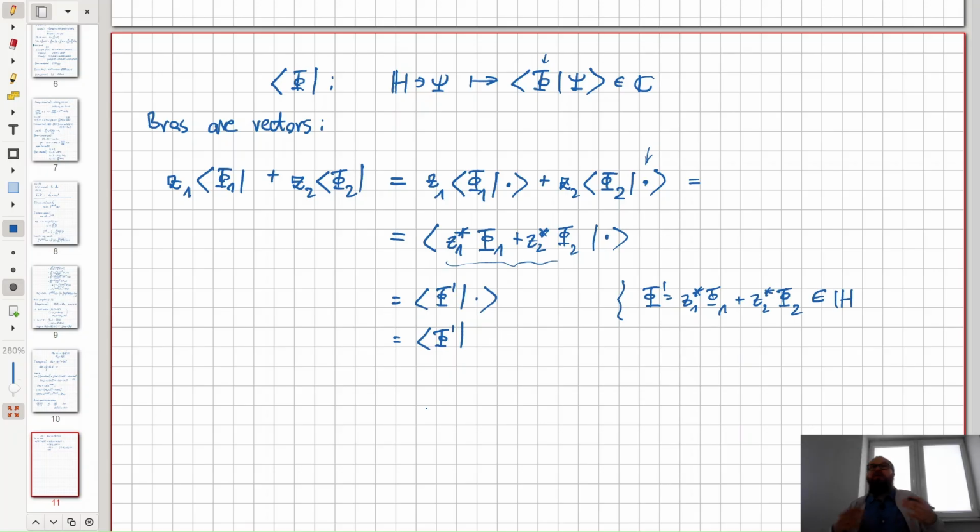So this is enough to show that this is a vector. So the set of bras forms a vector space. And in algebra, I hope this is true, they call it a dual space. And those vectors, those bras, are dual vectors. Dual to kets, I guess.